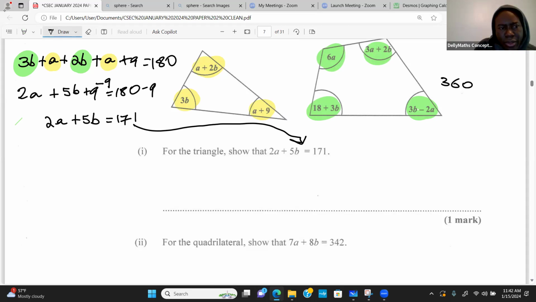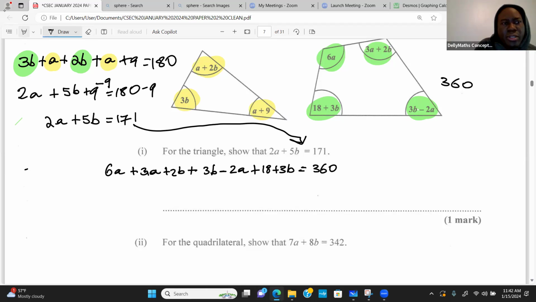We have 6a plus 3a plus 2b plus 3a minus 3b minus 2a plus 18 plus 3b.